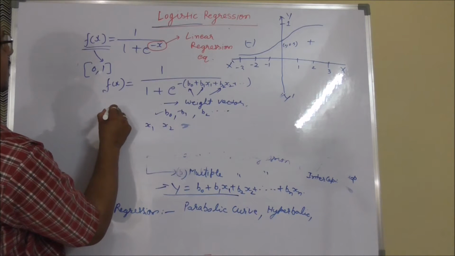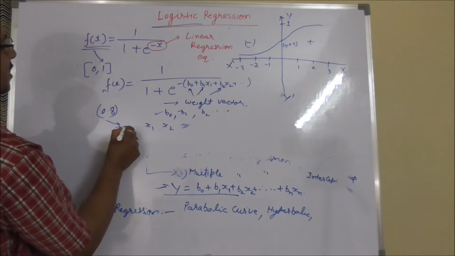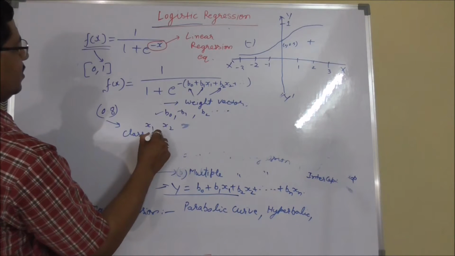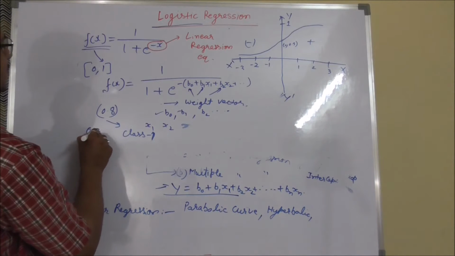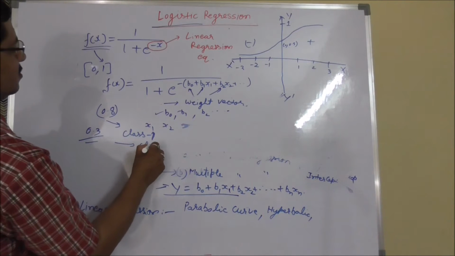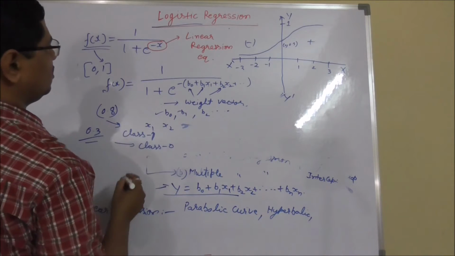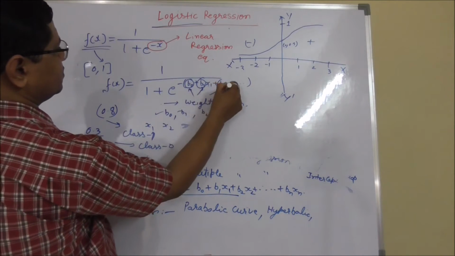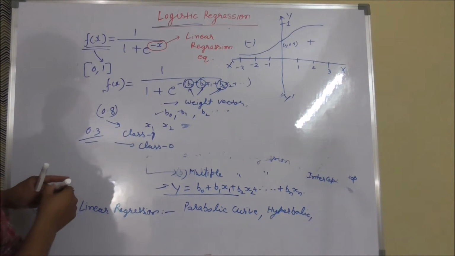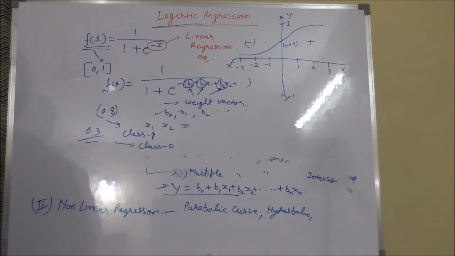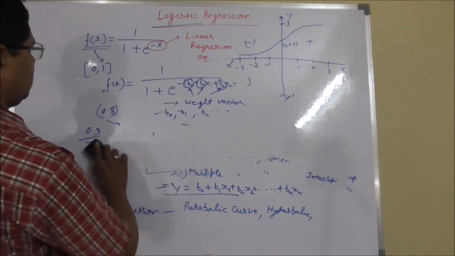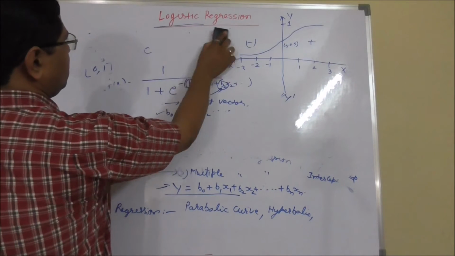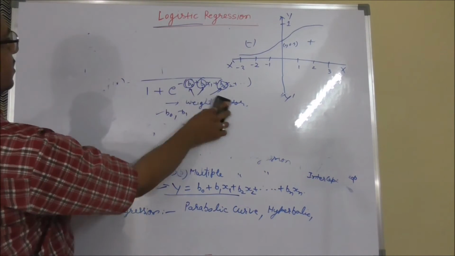Suppose it is 0.8, then we can say it lies in class 1. If it is 0.03, we can say it goes to class 0. But the issue is how to identify, or how to learn, these weight vectors.